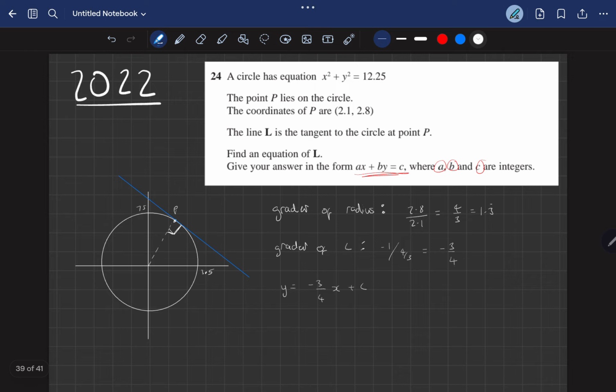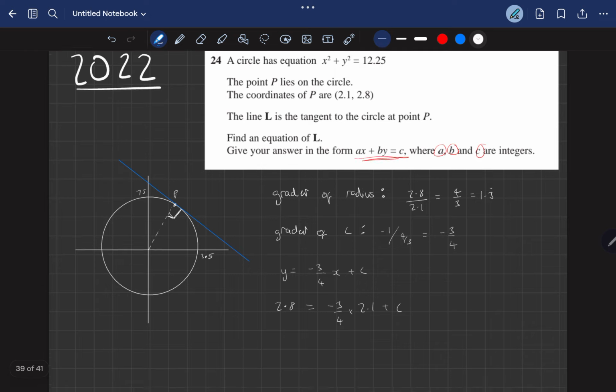Now, how do we find the value of c? Well, we know that line L passes through the point 2.1, 2.8, because that is the coordinate that the line is tangent to. So we can just substitute these values in. We know that y is 2.8. 2.8 is equal to -3 over 4 times the value of x, which is 2.1, plus c. So we can work this out.